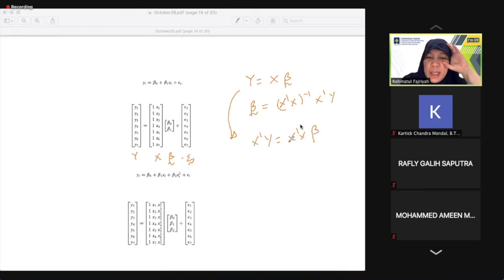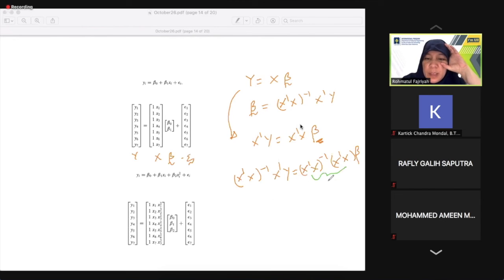Because we would like to just leave beta alone, right? So it has to be the inverse of this matrix. Then this one will become the identity matrix. Do you remember that one?